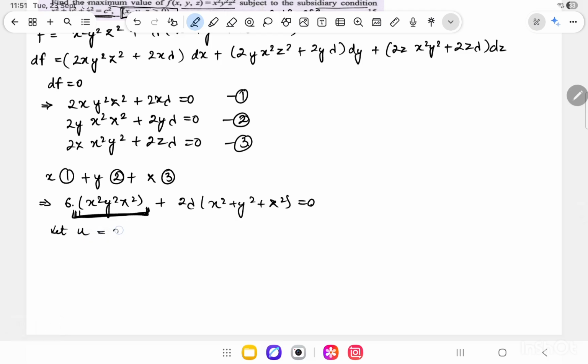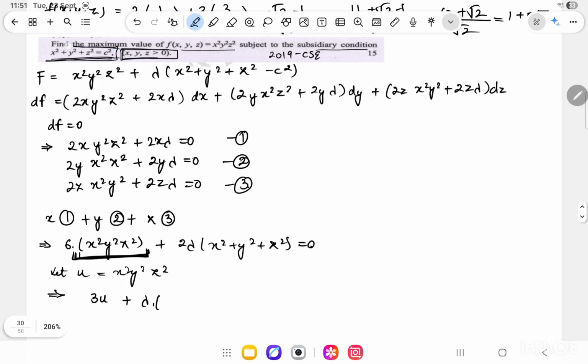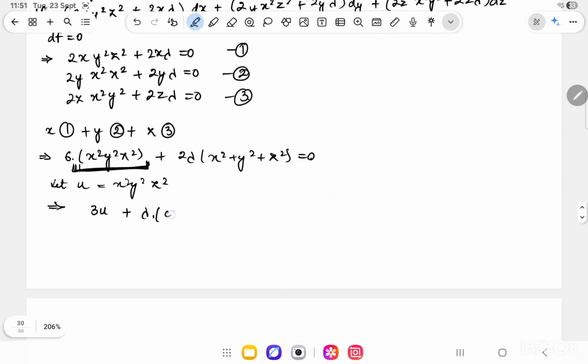Let u equal x square y square z square. So this equation will be basically 3u plus lambda into x square plus y square plus z square, but x square plus y square plus z square equals c square using the given condition in the question. So it will be 3u plus lambda c square equals 0. So from here I'll get my lambda as minus 3u by c square. So this is my lambda basically.